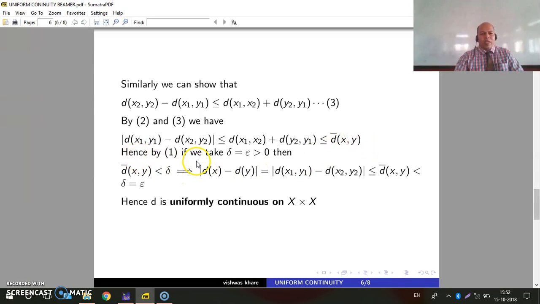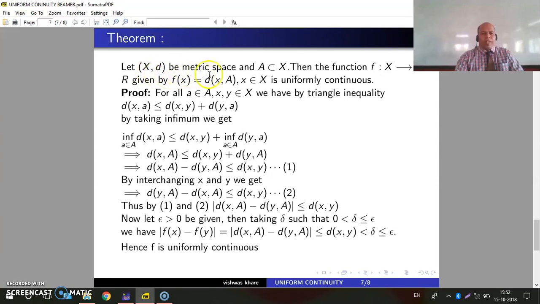Hence by 1, if we take delta equal to epsilon greater than 0, then d bar (x, y) less than delta implies modulus of d(x) minus d(y), which is equal to d(x1, y1) minus d(x2, y2), is less than or equal to d bar (x, y), which is less than delta, which is the same as epsilon. Hence, d is uniformly continuous on X cross X.